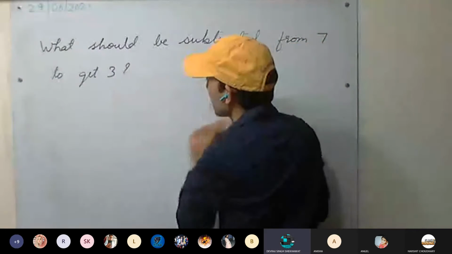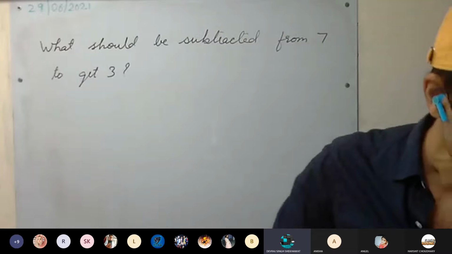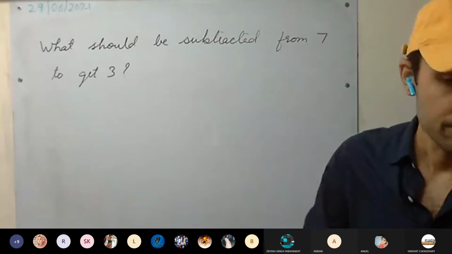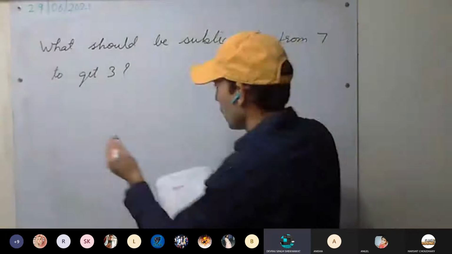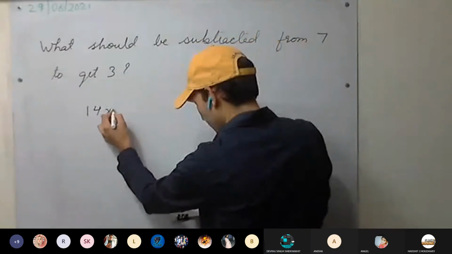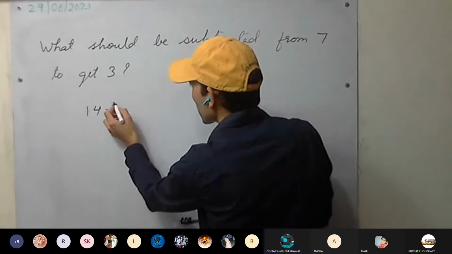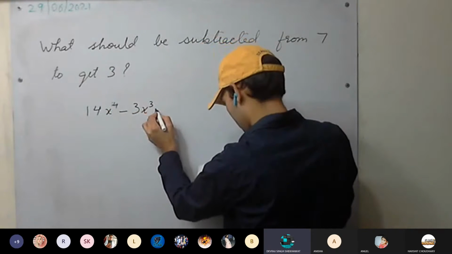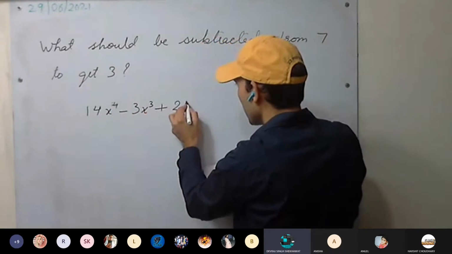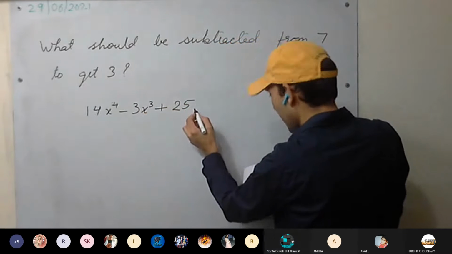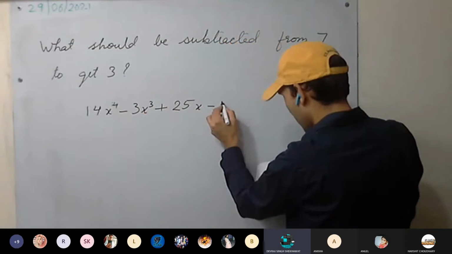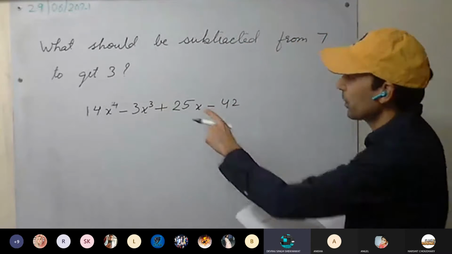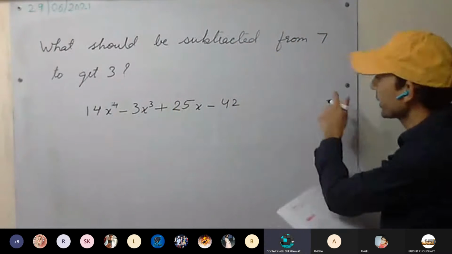So what should be subtracted from this one? What is the bigger number? What should be subtracted from 14x raised to power 4 minus 3x cube plus 25x minus 42 to get 3x raised to power 4 plus 17x cube minus 12x minus 65?